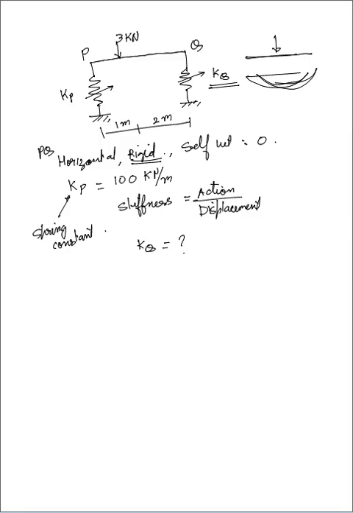Let's draw the free body diagram. Here I am drawing the free body diagram. You can see this is point P, this is Q. There will be some upward reaction. This is the load of 3 kilonewton. This is 1 meter, this is 2 meter.